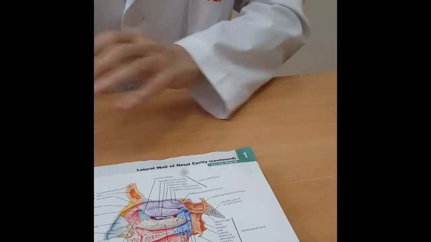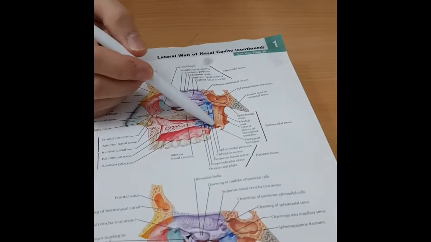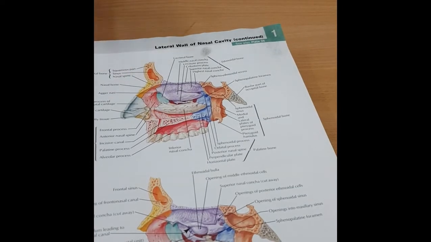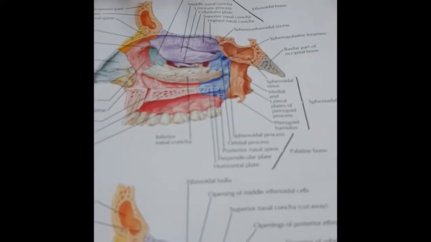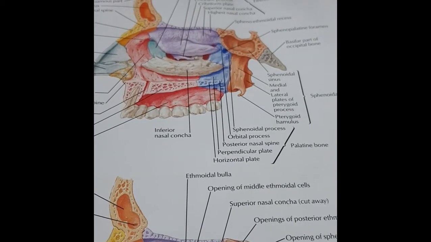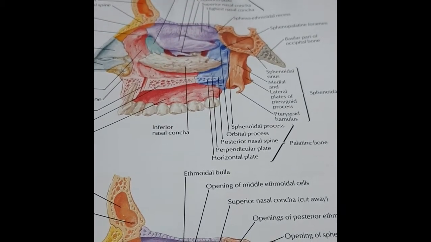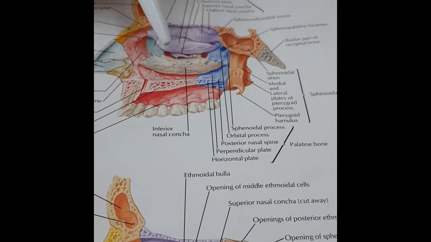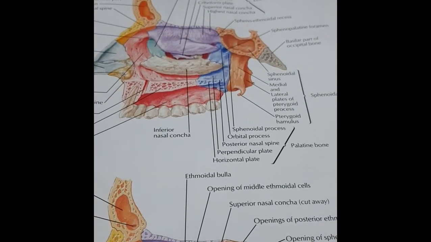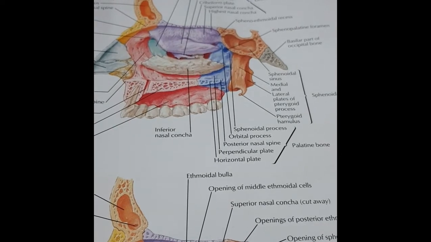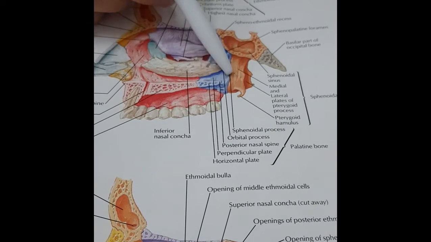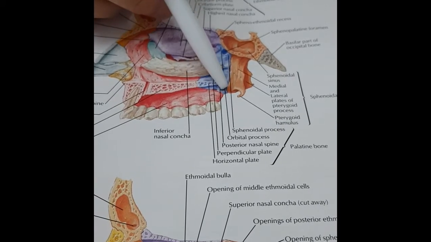This blue color is the palatine bone. The palatine bone has 2 plates and 3 processes. Here we can say not plates, laminas, 2 laminas: lamina perpendicularis and lamina horizontalis.